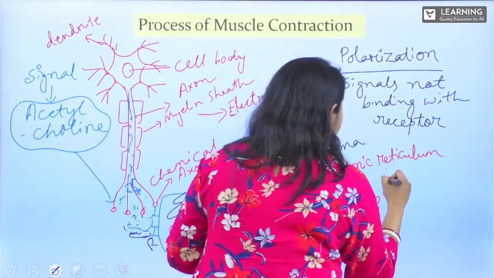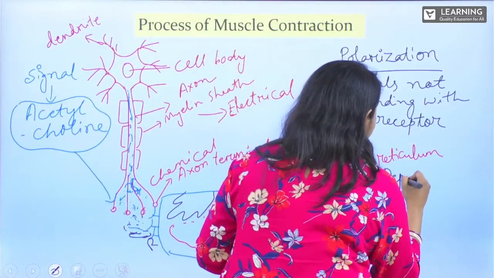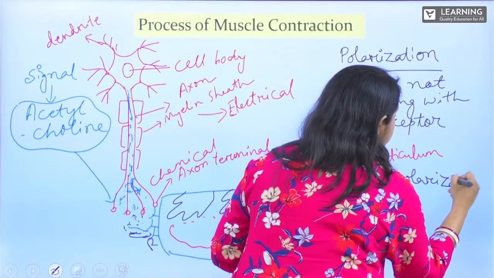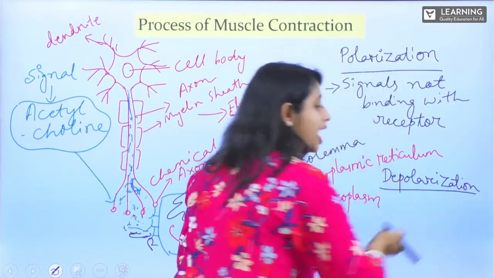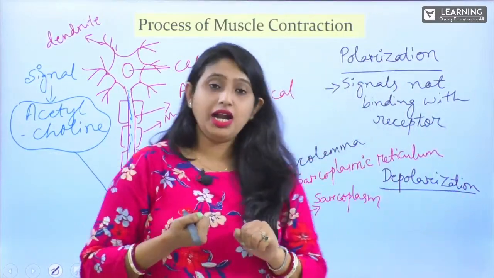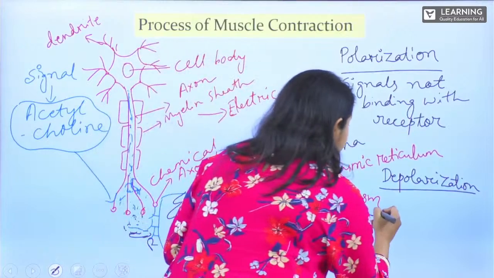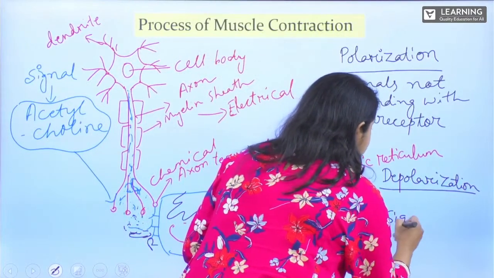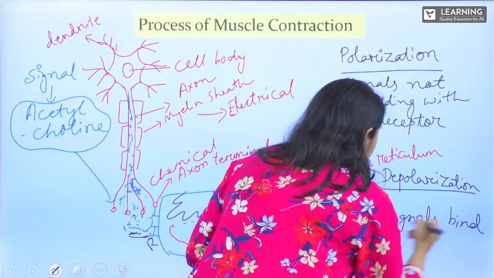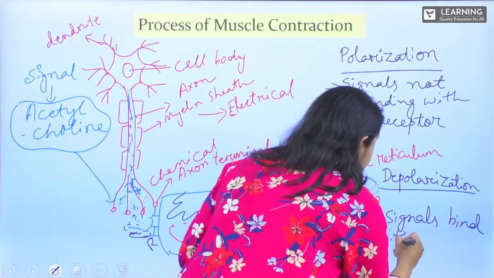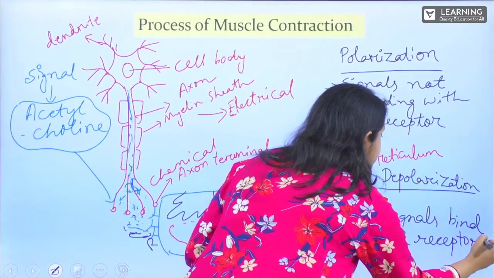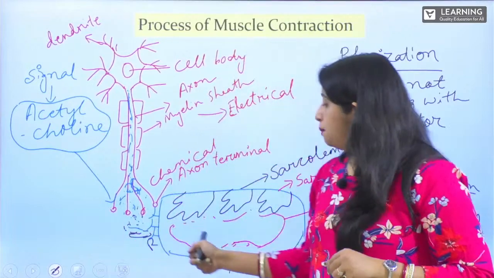And what is depolarization? Depolarization means the acetylcholine, that is the signals, are binding with the receptors which are present in the muscle cell.